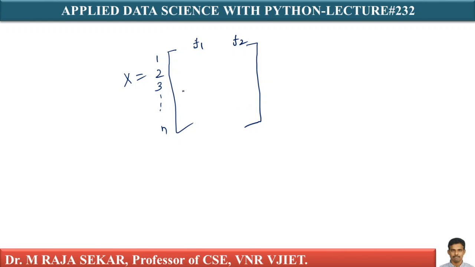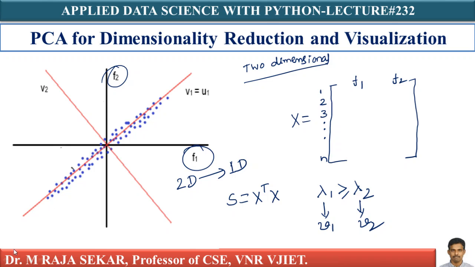This is some ith point, which I can write as Xi transpose. Let me assume some point is here, this is my point Xi.